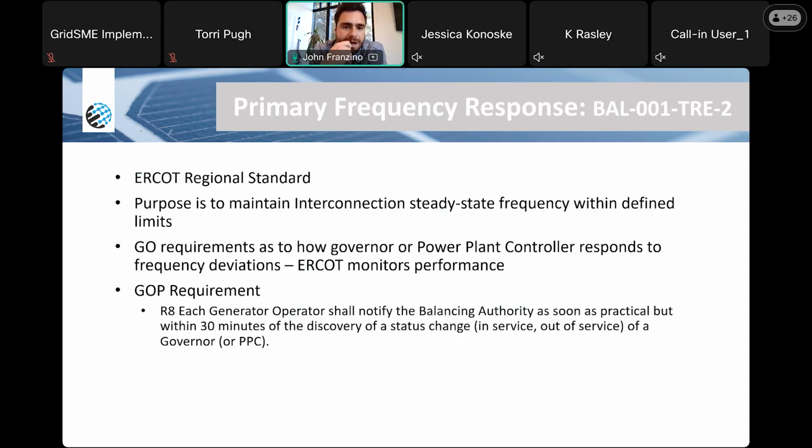I will just mention too, I think we touched on this later, but ERCOT, from a modeling standpoint and from a few other standpoints, is a little different, a little more rigorous in their interconnection requirements. The part 1, part 2, part 3 testing that probably many are familiar with is somewhat all related to this regional variance in BAL-001 as well.